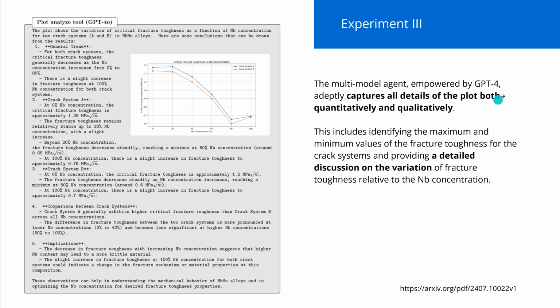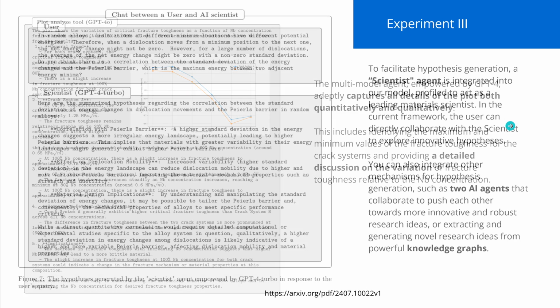So the multi-agent system empowered by GPT-4 captures all the details of the plot, both quantitatively and qualitatively. This includes identifying the maximum and minimum values for the fracture toughness for the crack system and providing a detailed discussion on the variation of fracture toughness related to some particular concentration. Never mind the physics, it is just about the interplay of AI agents.